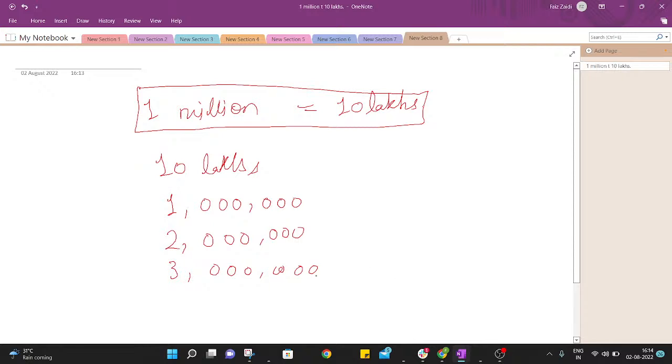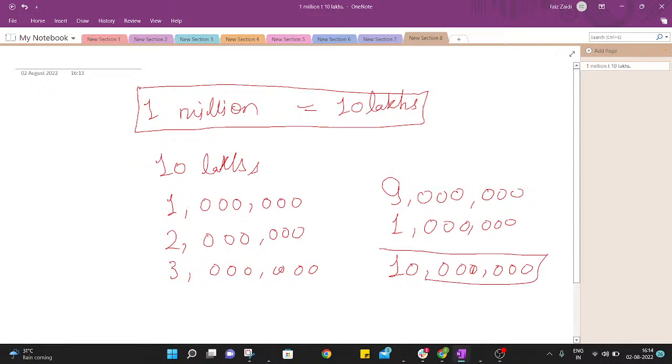Suppose we are at 9 million. After 9 million, we add one more million, and 9 million plus 1 million equals 10 million this time. So now we have got 10 million, and if you keep on adding 10 millions, you are going to get 100 million after that.